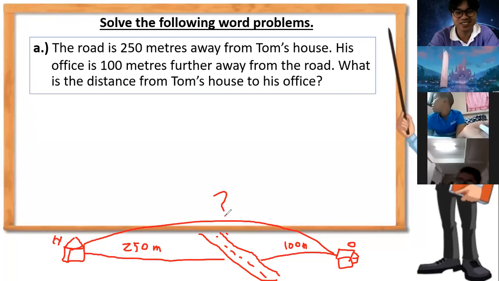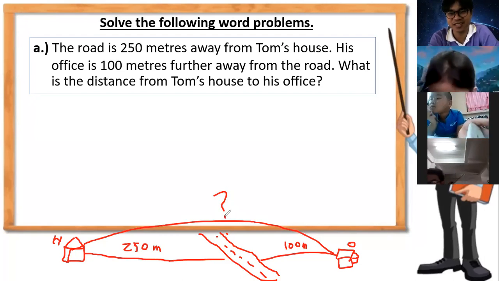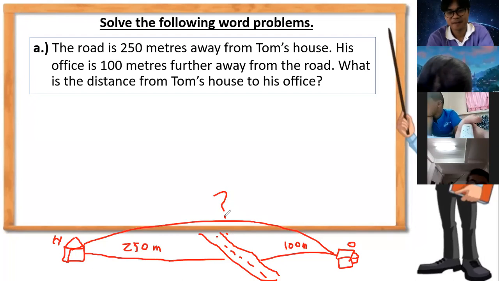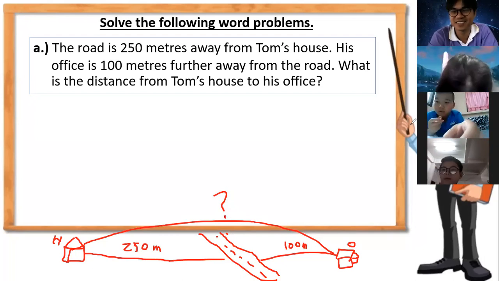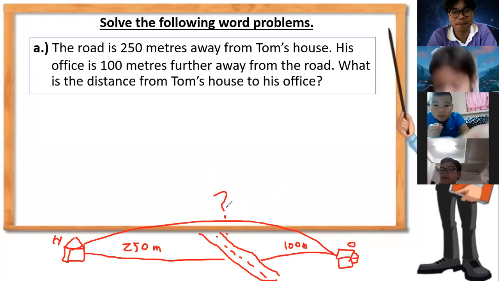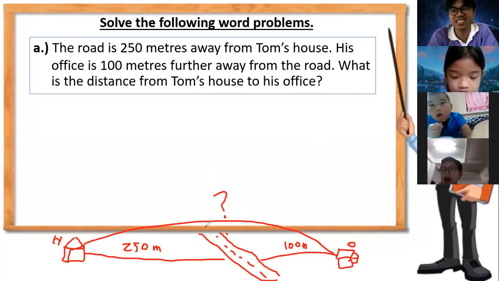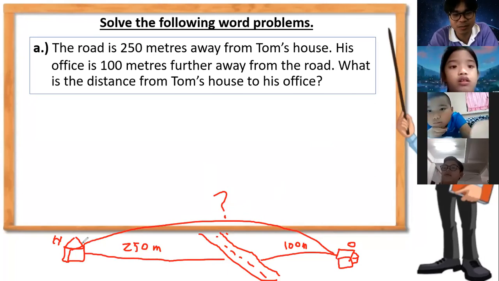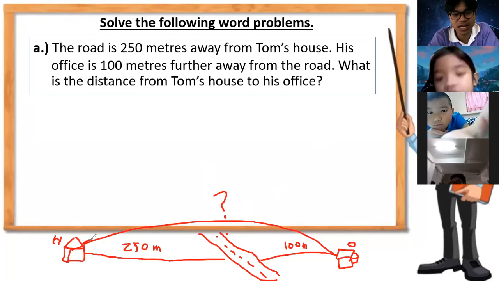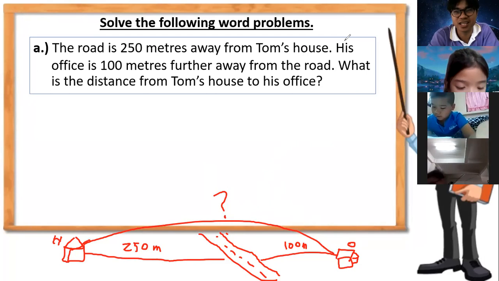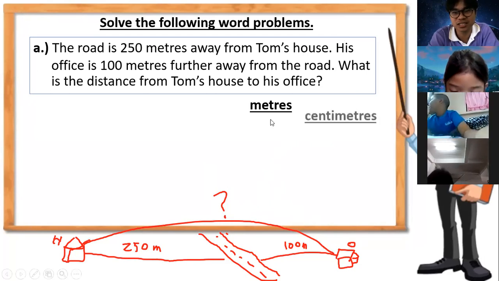Okay, what will you do? Plus, minus, times, divide? Letter A, minus? It's plus. Yes, it's plus, because from Tom's house to his office, you need to add. Okay, so meters, centimeters.